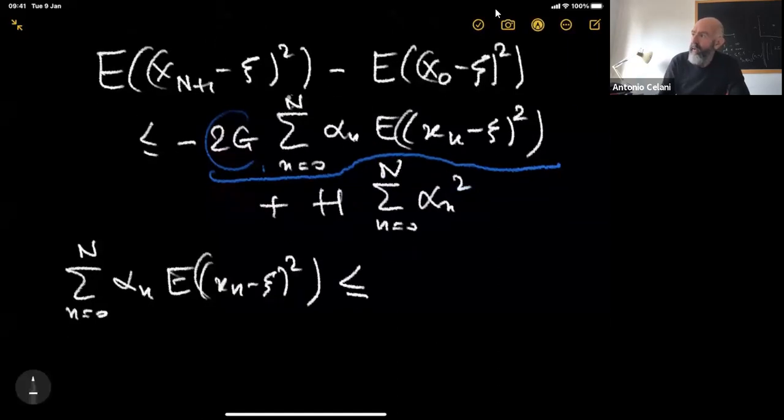Then this is smaller than 1 over 2g times what was on the left-hand side that now goes on the right-hand side with the minus.